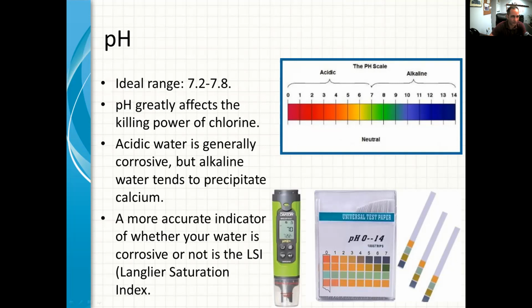From what I've read in some studies, without CYA in the water, yes, the more acidic the pH, the more killing power the chlorine has, a lot more. But when there's CYA present, that's not the main thing that determines the killing power. The main thing is the level of chlorine, the ppm of chlorine. So even with CYA in the water, at pH 7.2 or 7.8, the killing power is pretty similar.